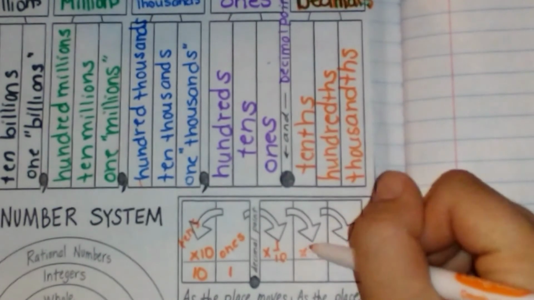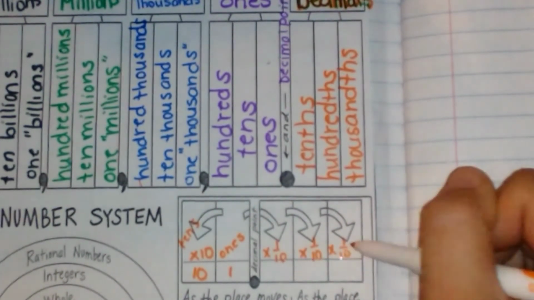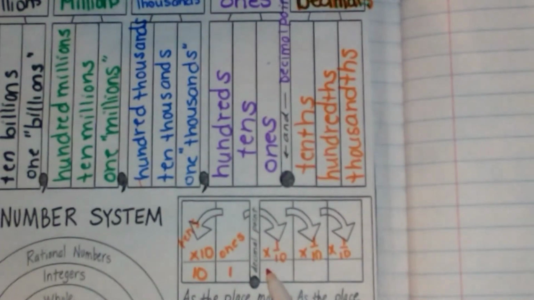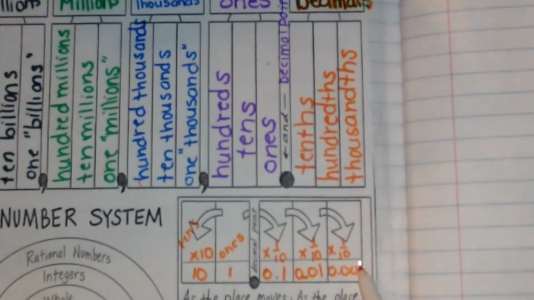This will be times 10. This will be times 10. It's also written like this. One-tenth is the same as 1/10. This is 100th is the same as 1 over 100. This is 1,000th, which is the same as 1 over 1,000.